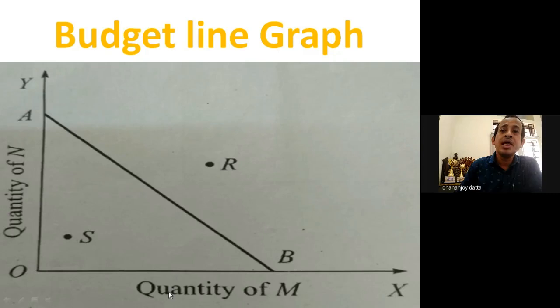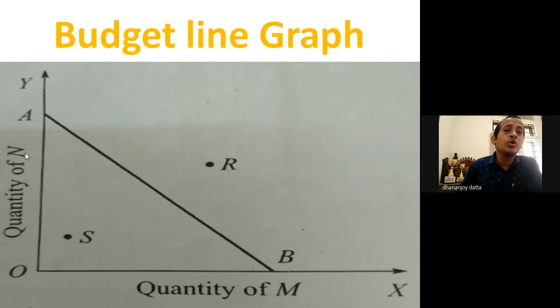OB amount means quantity of M product, and it is given in the x-axis. Then in the same way, with the same income, the consumer can purchase OA quantity of N product.